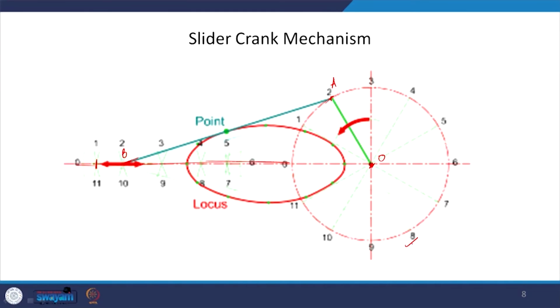In this case, we have divided it into 12 parts like this, and every time this point moves. In position 0, we have OA, which is the length of the crank, and then AB, which reaches the next position, 0 dash. So, 0 0 dash will be equal to AB, which is fixed.